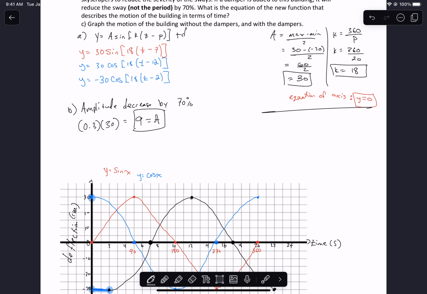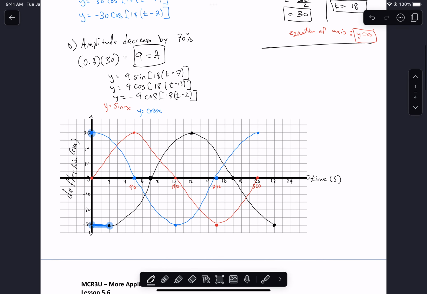So I could rewrite these equations to be y is equal to 9 sine 18t minus 7. I could have y is equal to 9 cosine 18t minus 12, and y is equal to negative 9 cosine 18t minus 2.